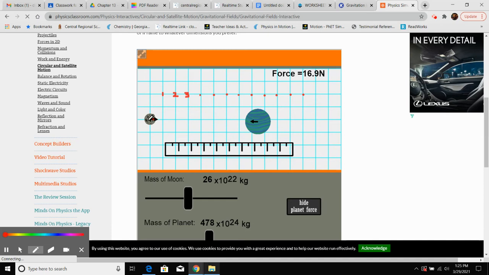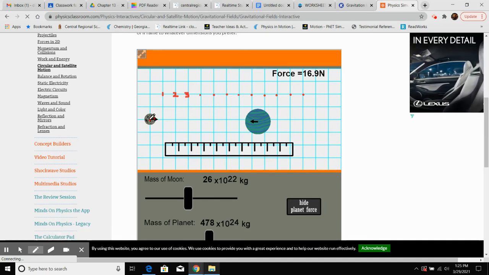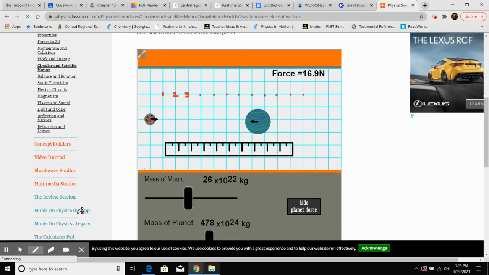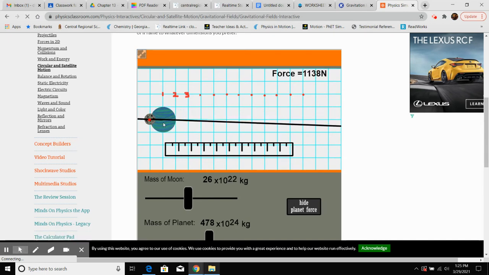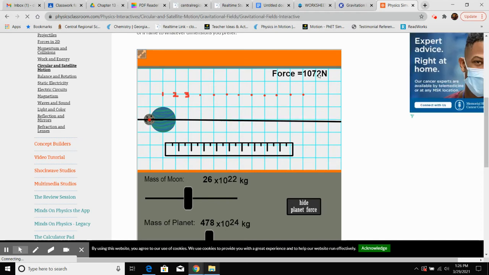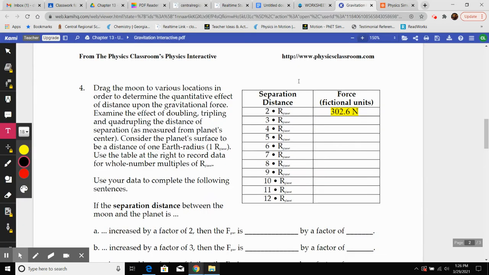So I'm gonna make my dot here. Drag the Earth. Click. Okay, and this big guy should fit snug in between all of this. So it looks like we're at essentially this. Okay, 1072 should be our baseline. So I'm just gonna write that up here.